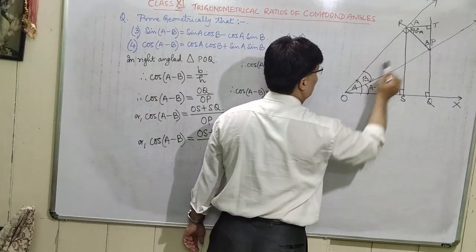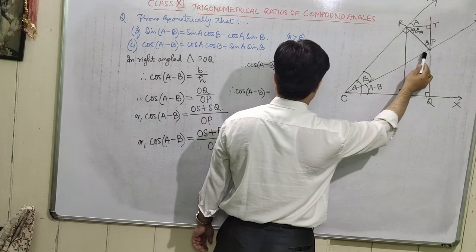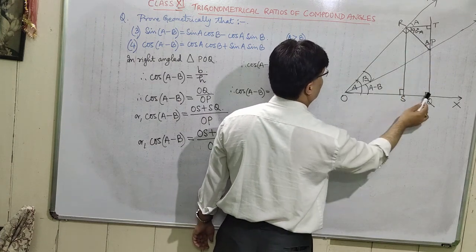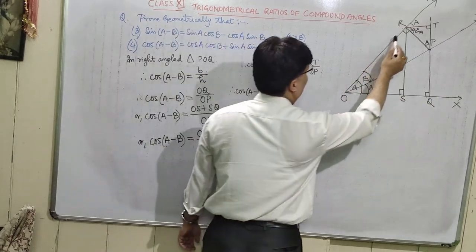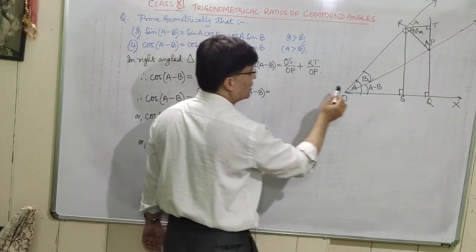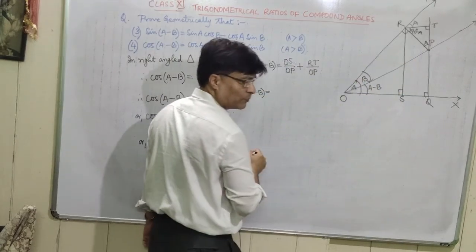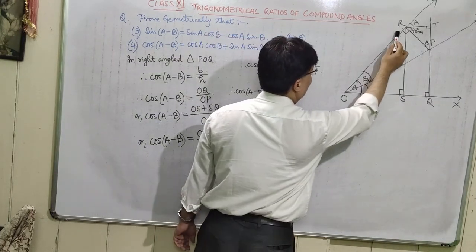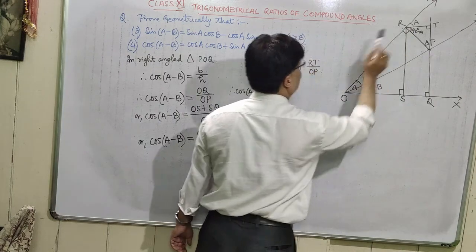So ROS is a right angle triangle and also POR is a right angle triangle.